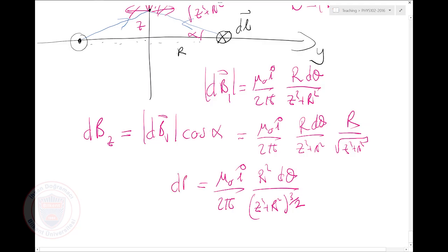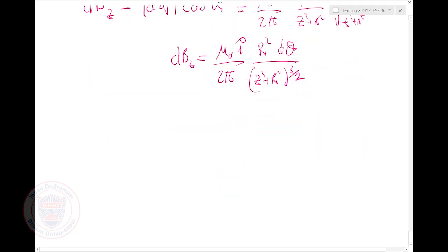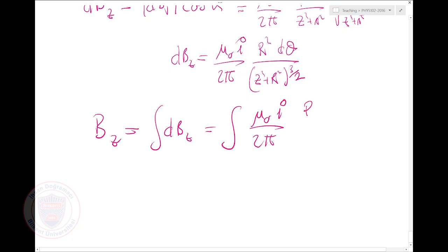So if this is dBz, what's the total magnetic field Bz? It's going to be integral dBz. It's going to be integral mu 0 I over 2 pi R square divided by Z square plus R square to the 3 halves times d theta.